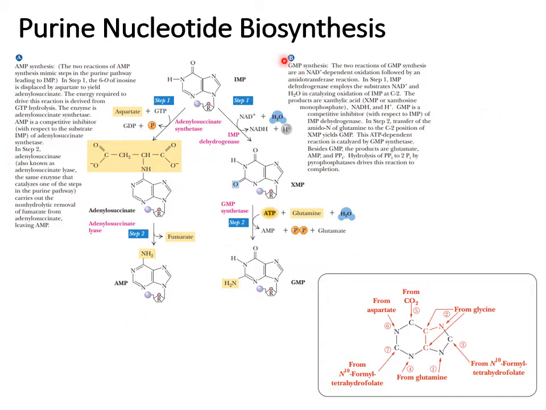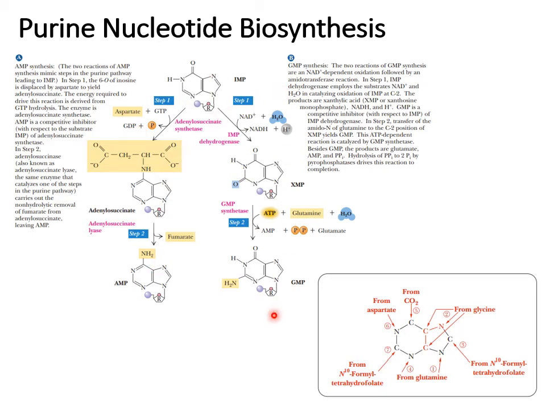Here we have an example showing you purine nucleotide biosynthesis. I'm not going to make you memorize any of the components or the enzymes. I just wanted you to see what can happen in terms of AMP synthesis and GMP synthesis.